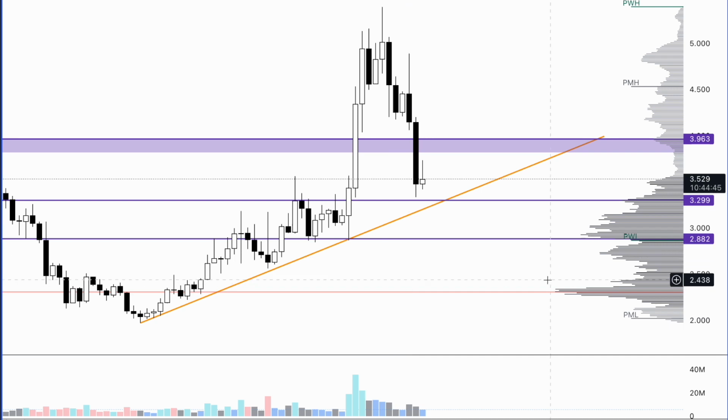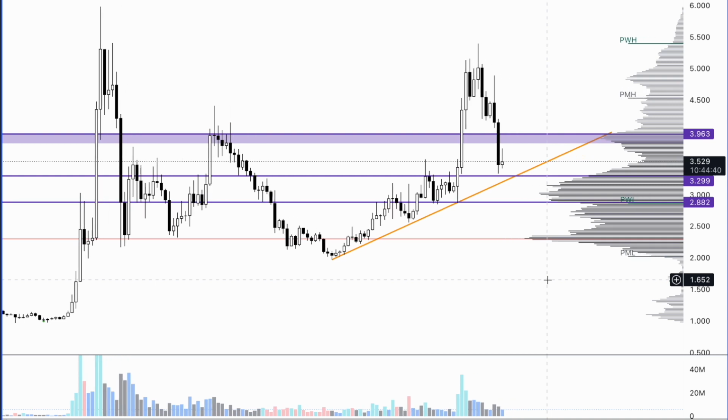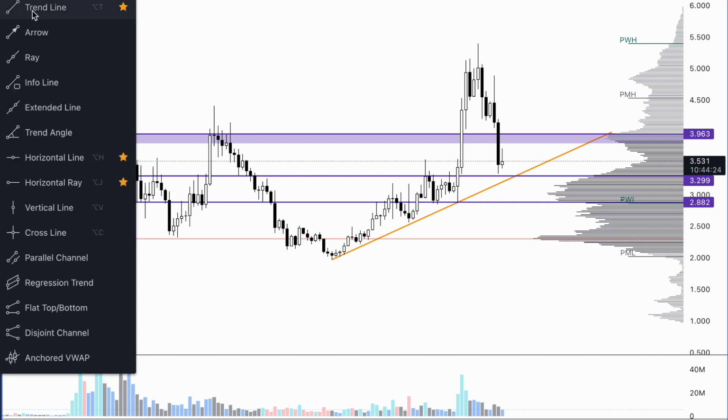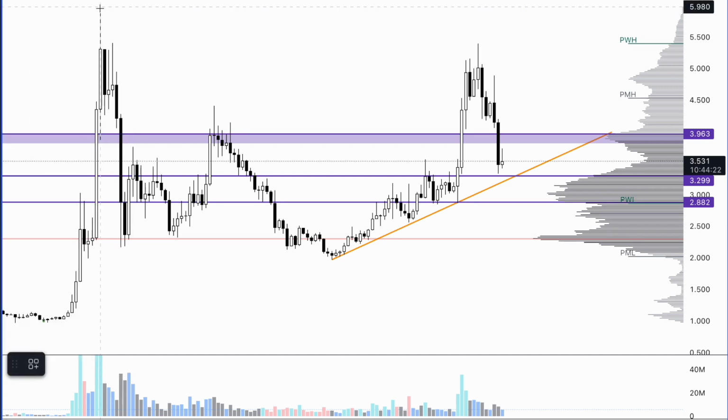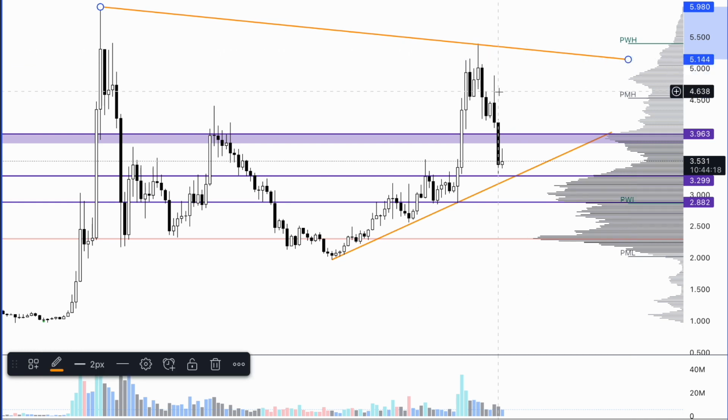So what I'm looking for here is, and sorry, I apologize, it's not very organized. I'm doing this on the fly because I want to show you guys how I process this stuff in real time and try to see what I'm seeing, right? A lot of times I just look at these things and I can see, but this is a lower high, and sometimes you just have to draw the line to make sure.